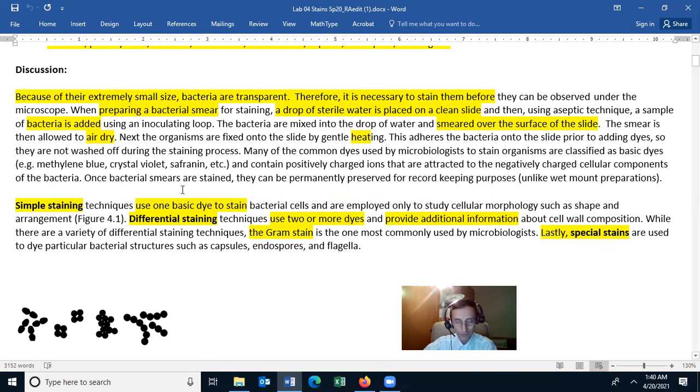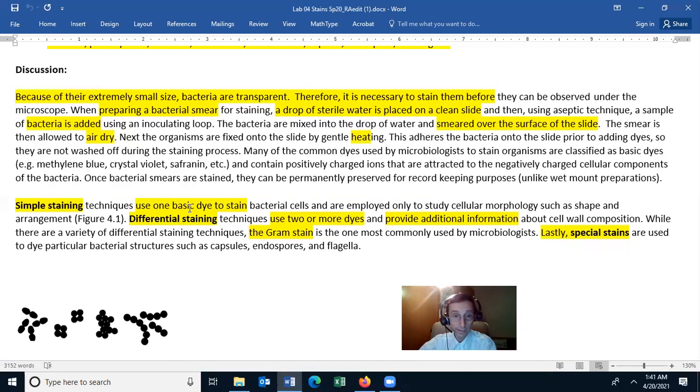And usually we use a basic stain, so most of the stains we use are basic stains. We're not going to talk about the difference between a basic stain and a negative stain at this point. The point is that when you're doing a simple stain, you're only using one dye.